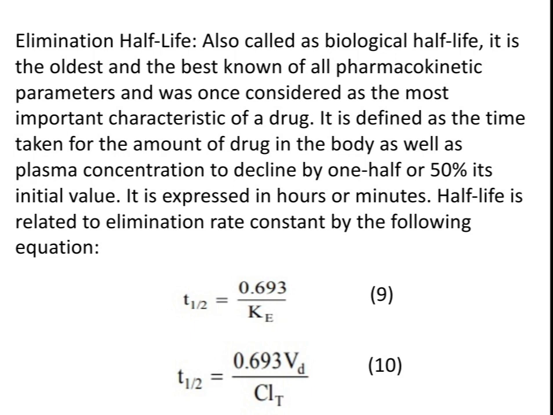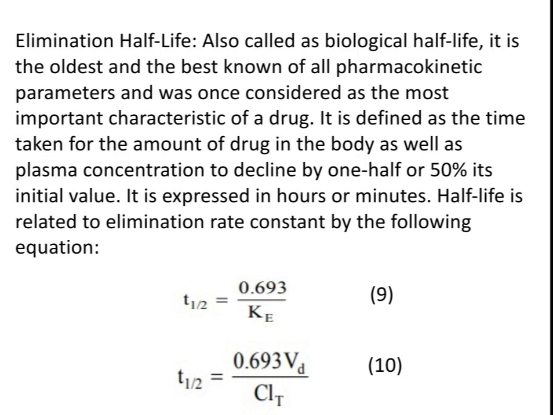Elimination half-life, also called biological half-life. It is the oldest and the best known of all pharmacokinetic parameters and was once considered the most important characteristic of a drug. It is defined as the time taken for the amount of drug in the body as well as plasma concentration to decline by 1/2 or 50% of its initial value.